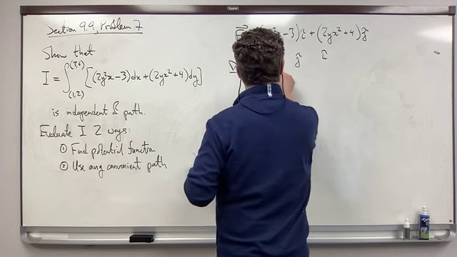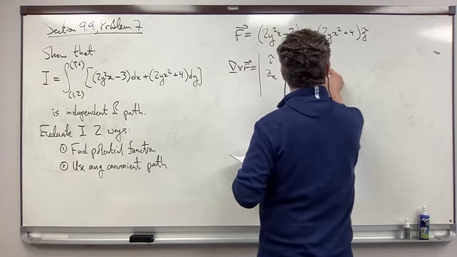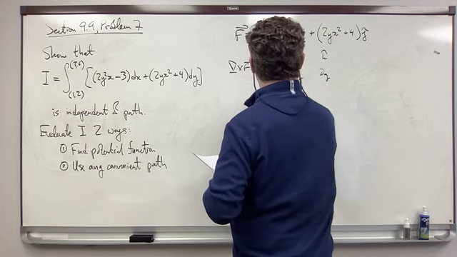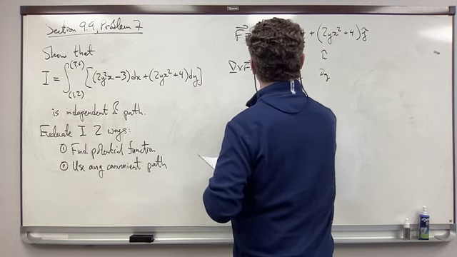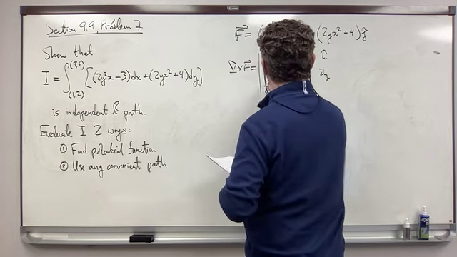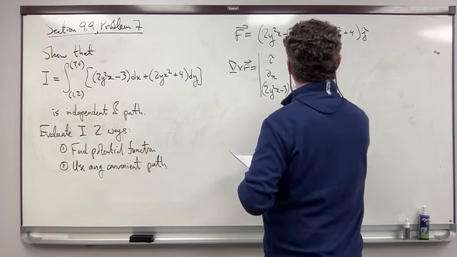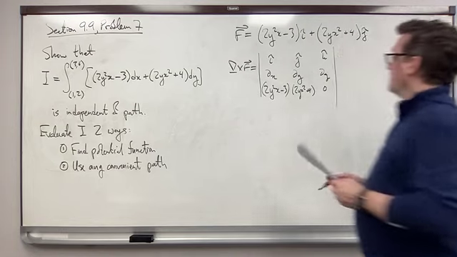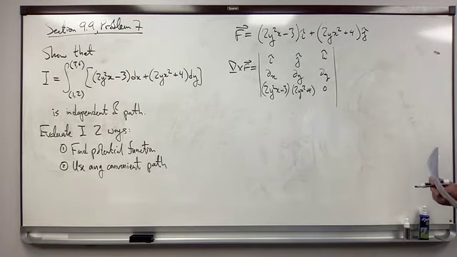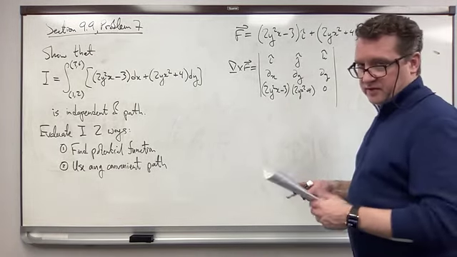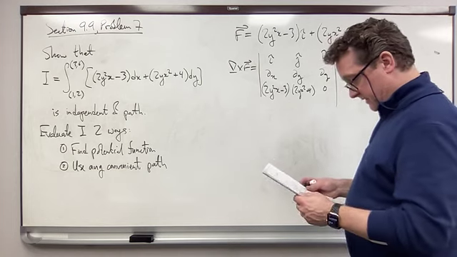So I set up the determinant: i, j, k; d/dx, d/dy, d/dz; then 2y squared x minus 3, then 2y x squared plus 4, and 0. The question is, what's the value of that determinant? And we expect it to be 0, otherwise this problem doesn't make any sense.